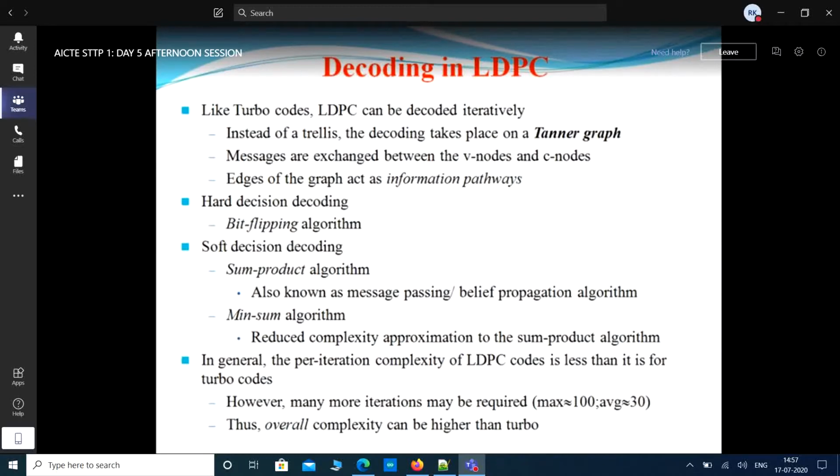For 1000 bits of n, the matrix size is a very big matrix. It is difficult to convert it into a diagonal form or to determine the inverse matrix. That's why one of the drawbacks of LDPC is that encoder design is a little bit tough compared to the turbo encoder.